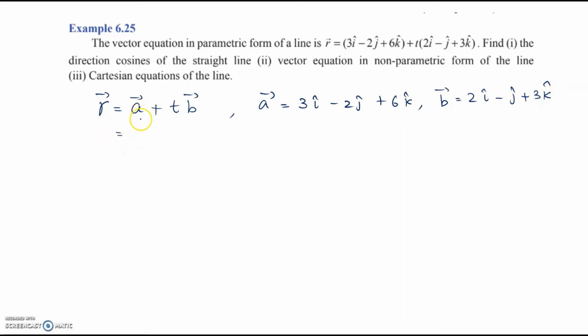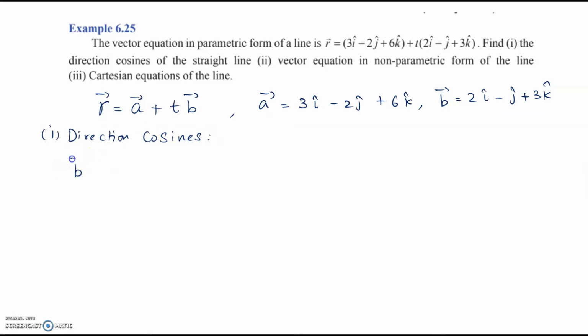So what we can do now is the first part of the question, which is find the direction cosines. To find the direction cosines, you need to find the direction ratios.